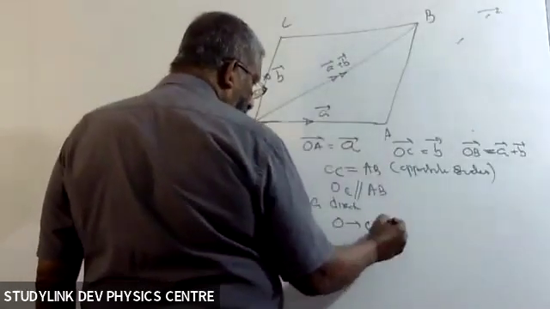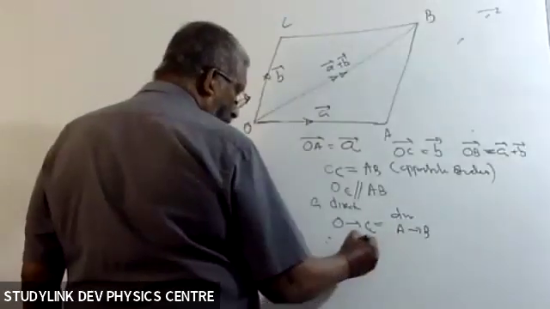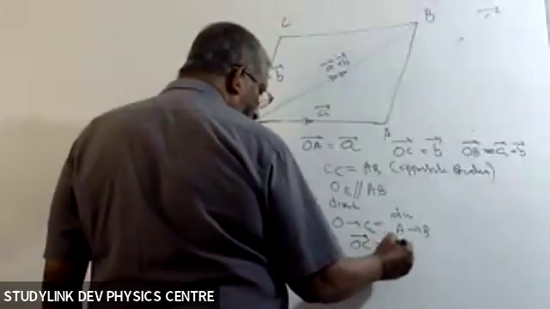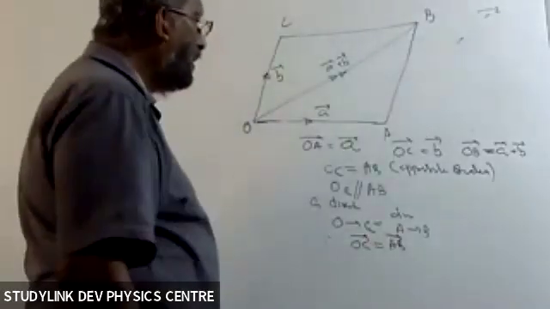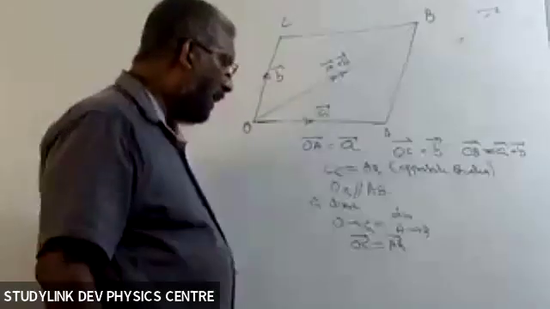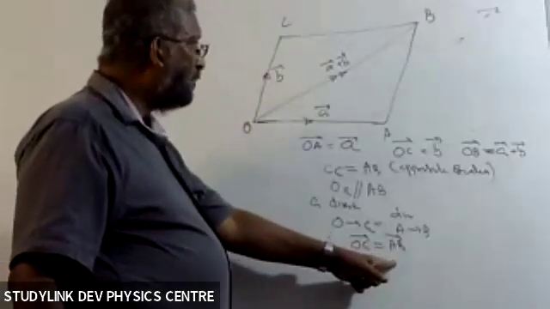O to C is equal to the direction A to B. Therefore, vector OC is equal to vector AB. We proved it in this way in the last class. OC is equal to AB.